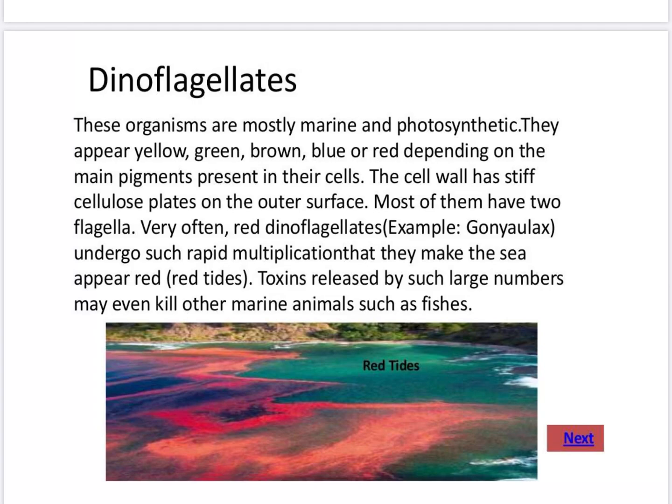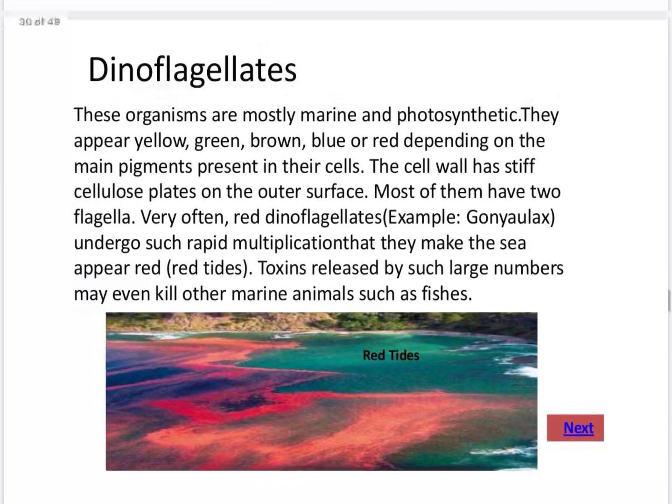Now we go to the second group, dinoflagellates. Your geography teacher will be talking of the Red Sea, and this Red Sea is because of dinoflagellates. These are marine, photosynthetic. Some forms occur in freshwater also. In most forms, the cell has cellulose plates. They are motile and have dissimilar flagella, one short, one long.